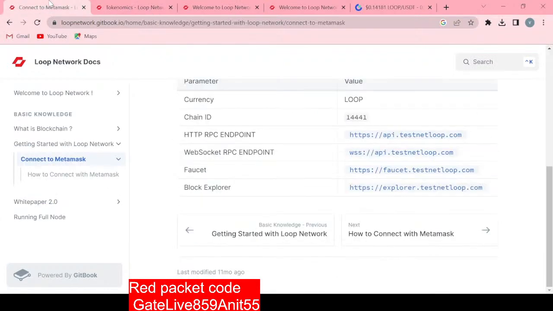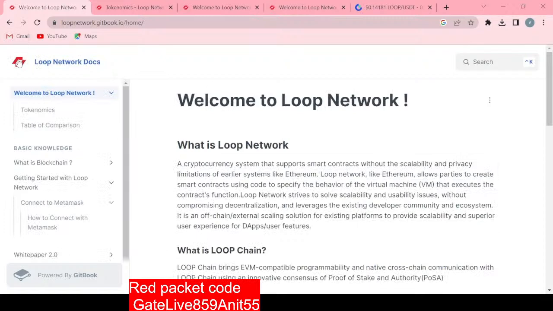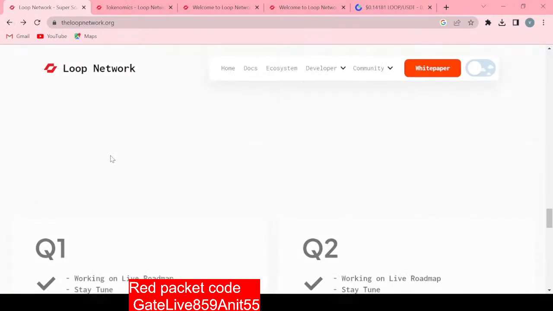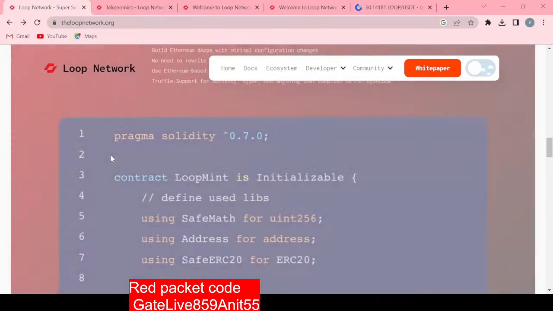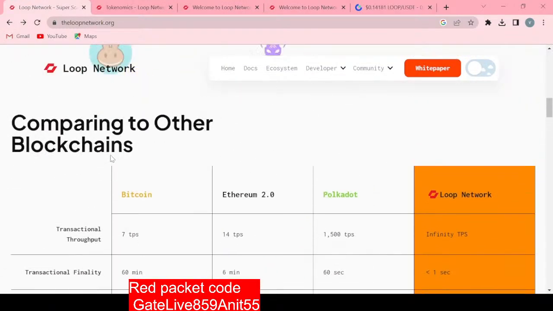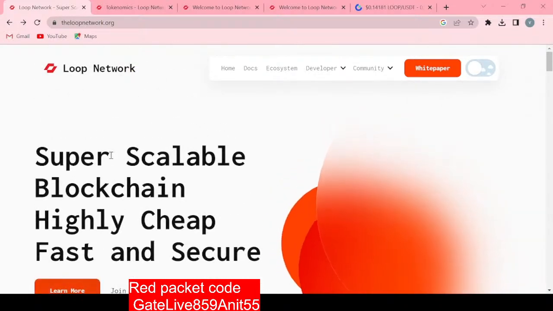This loop network is a blockchain-based project, and we compared loop network with other blockchain technologies like Ethereum and Bitcoin. It is a highly cheap, fast and secure blockchain.